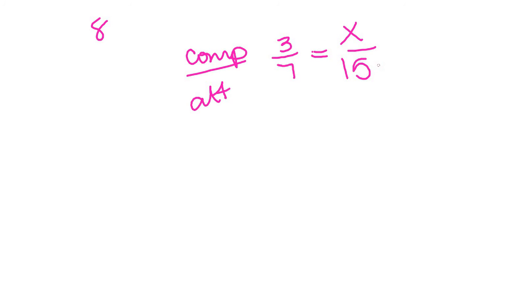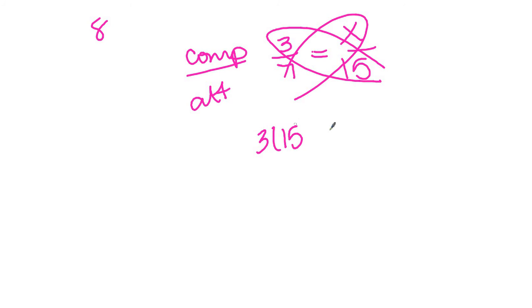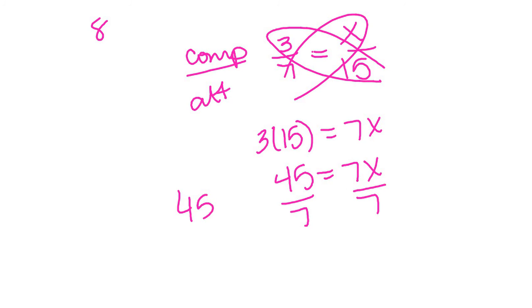So when we solve the proportion, we're going to cross multiply. So 3 times 15 and 7x. That gives me 45 is equal to 7x, and so I'm going to divide both sides by 7. So 45 divided by 7, it's 42. You add a decimal.